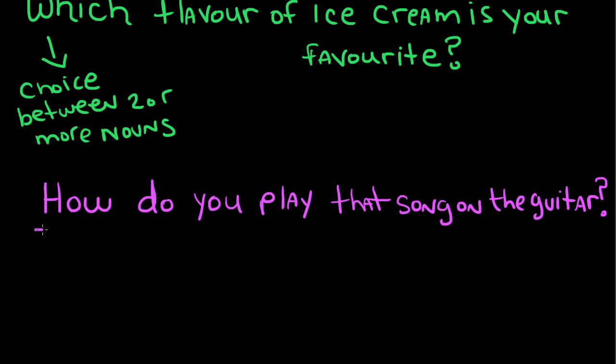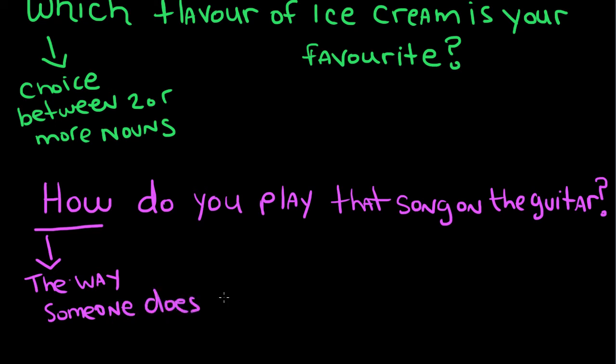So in this question, we use how when we want to know the way someone does something. It's more related to a verb and not so much a subject.